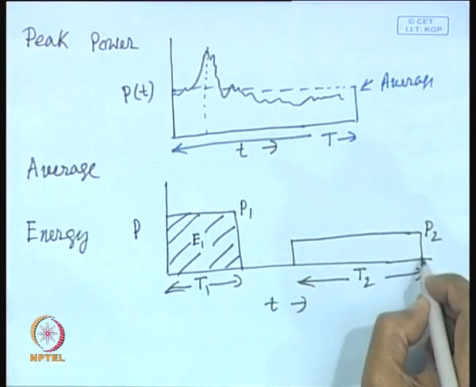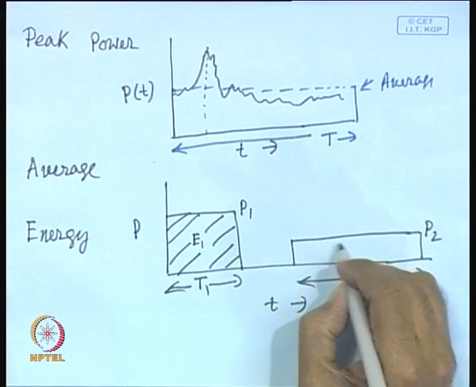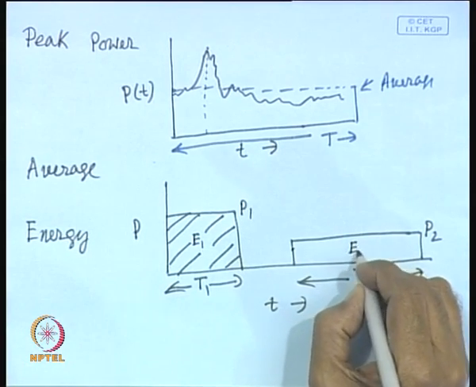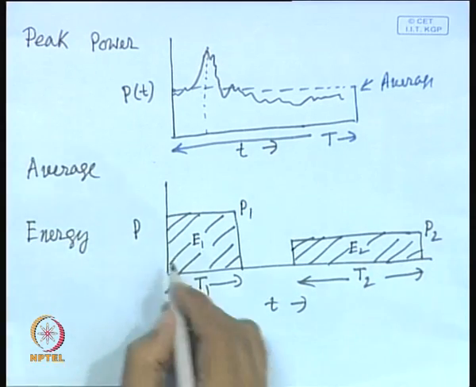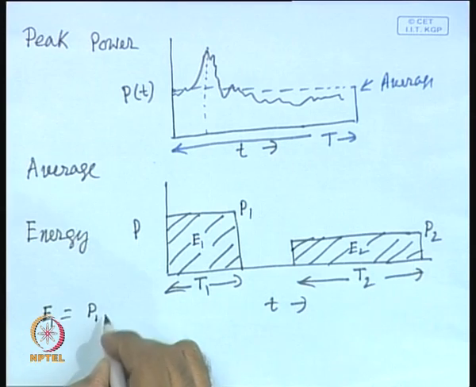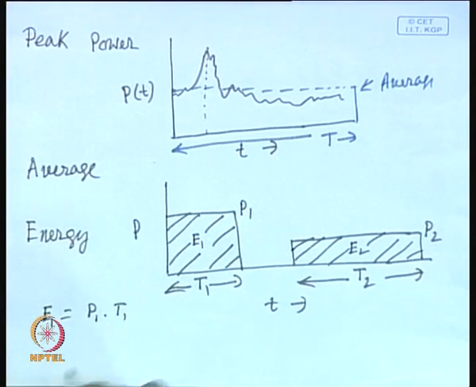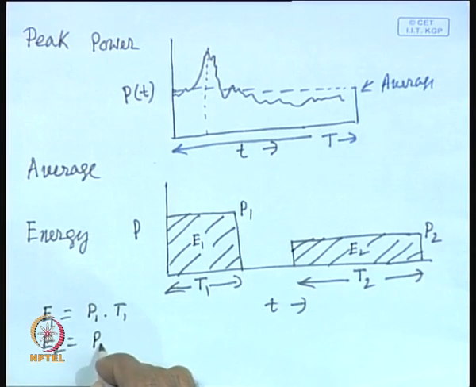Similarly, E2 is the area covered by this rectangle. That means, energy E1 is equal to P1, average power dissipation, into T1. Similarly, E2 is equal to P2 into T2.